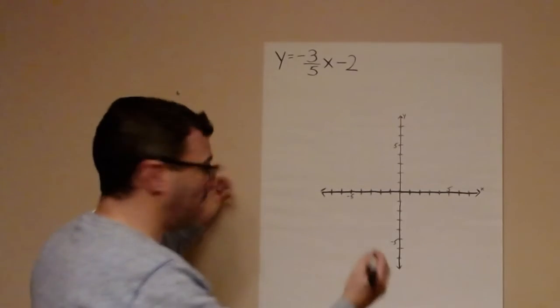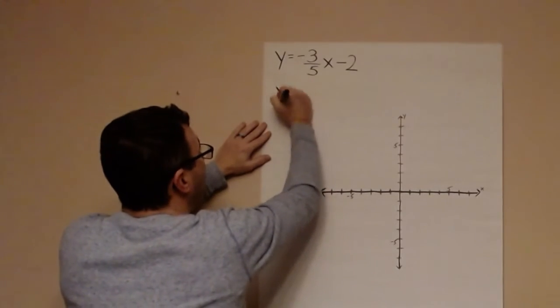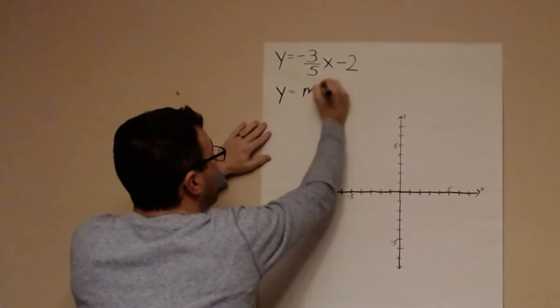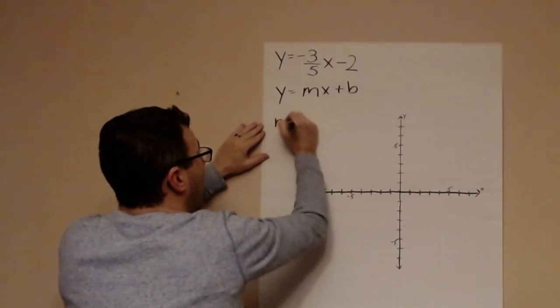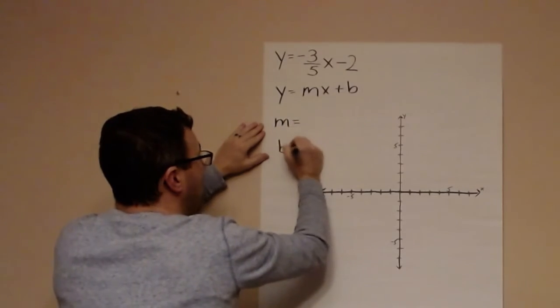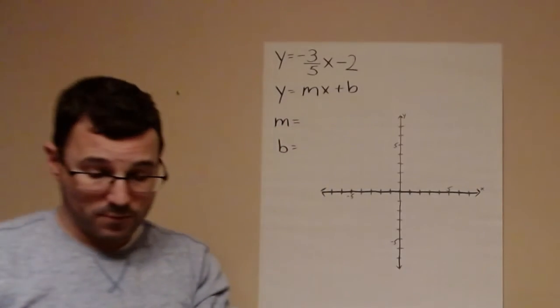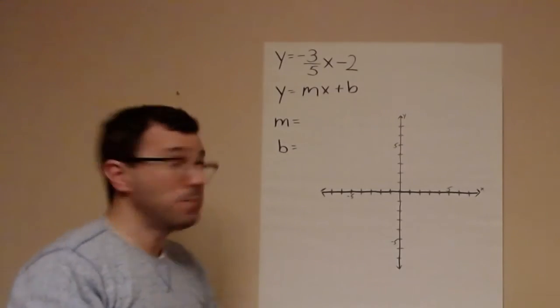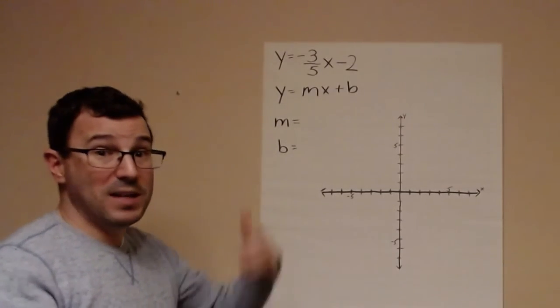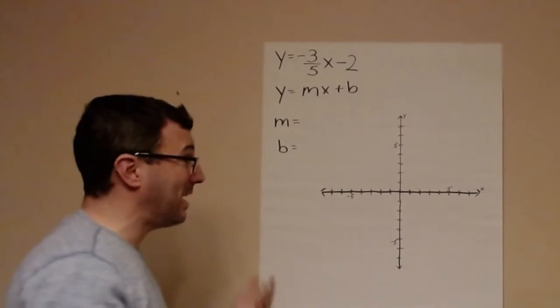Okay, well, let me do the template. Y equals mx plus b, m equals, b equals. Okay, well, what is my slope? It's the first number, the number that's in front of the x variable.